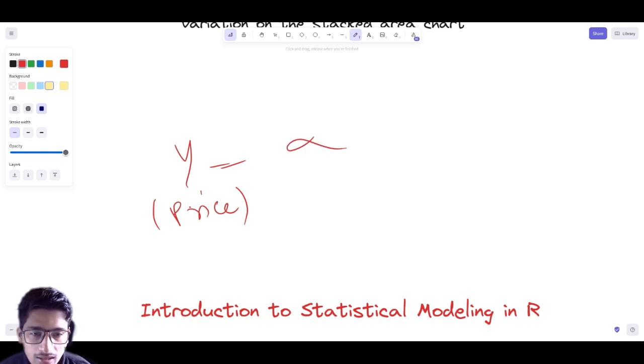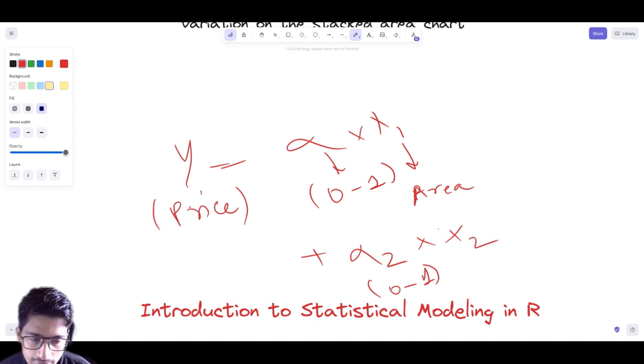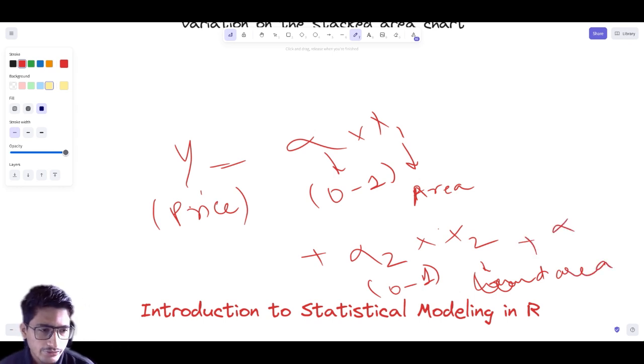So this could be related to alpha 1, which could have a value from 0 to 1, and it is multiplied by x1, and this x1 could be your area. Similarly, it might also depend on alpha 2, whose range also lies between 0 to 1, multiplied by the other factors, like the condition of the land, what area the land is in, then nearby places, all those things could be added.